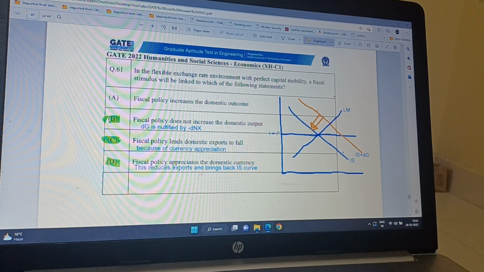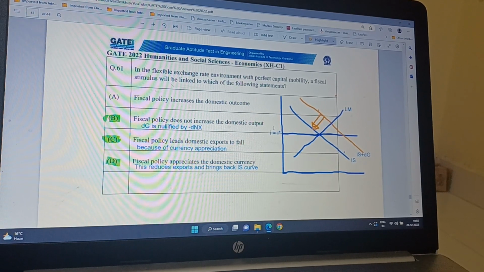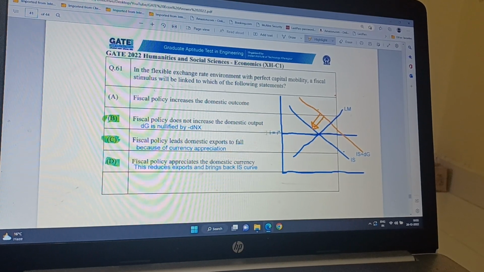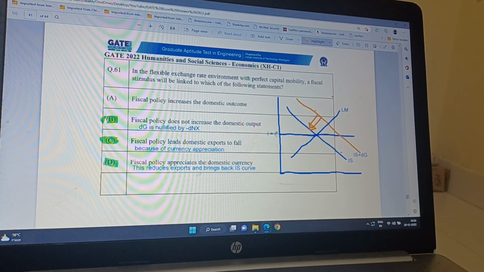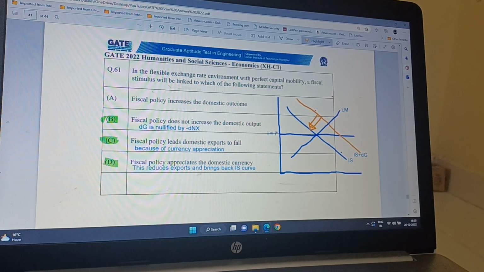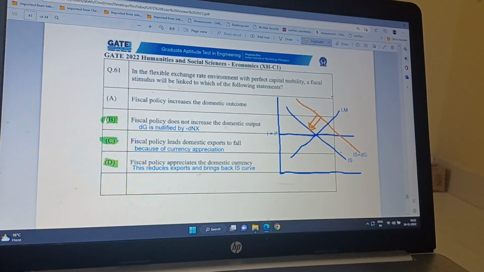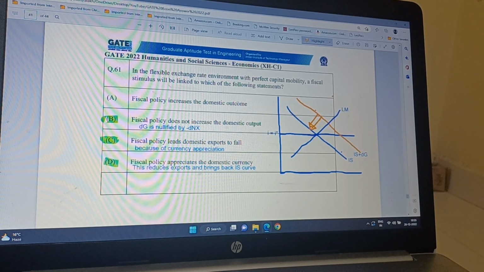So whenever there is perfect capital mobility, interest rate remains the same. So the interest rate is equal to the world interest rate. So I is equal to I star. Now, does the fiscal policy increase the domestic output? This doesn't happen. Fiscal policy means any increase or decrease in government expenditure.